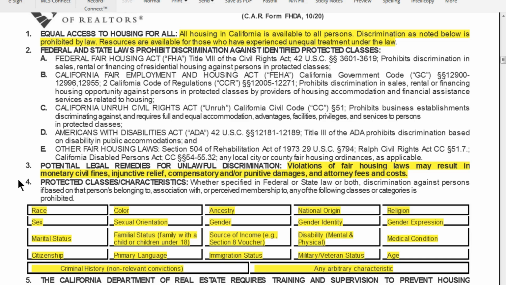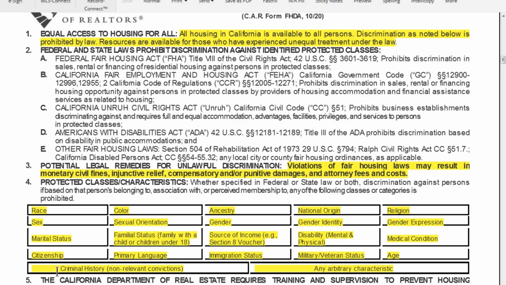Section 4 goes into detail about the protected classes or characteristics, and they are outlined here. They include race, sex, marital status, citizenship, color, sexual orientation, familial status, primary language, ancestry, gender, source of income, immigration status, national origin, gender identity, disability, both mental and physical, military, veteran status, religion, gender expression, medical condition, and age.